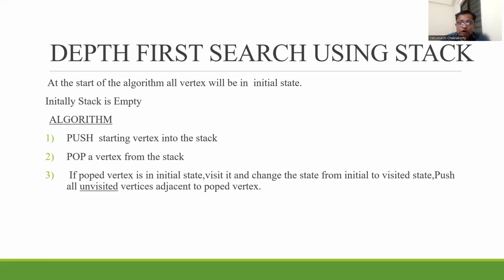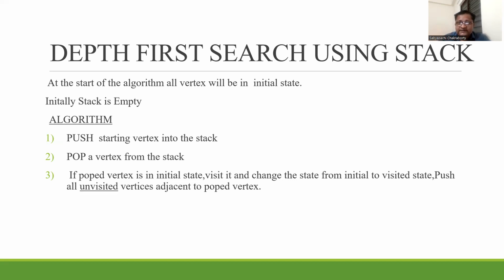Push all unvisited vertices adjacent to the popped vertex, push meaning push inside the stack. So first we push into the stack, then we pop from the stack, then we explore, which means we generate all the descendant adjacent vertices of that vertex.